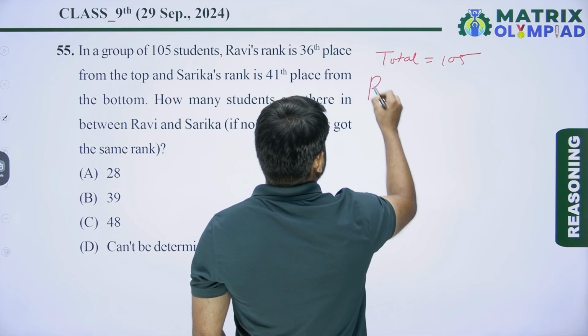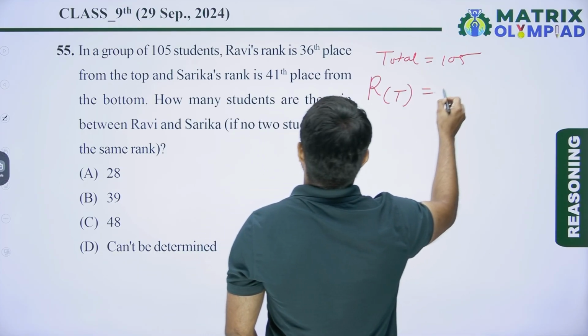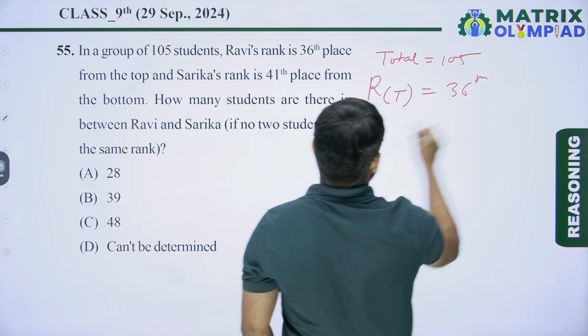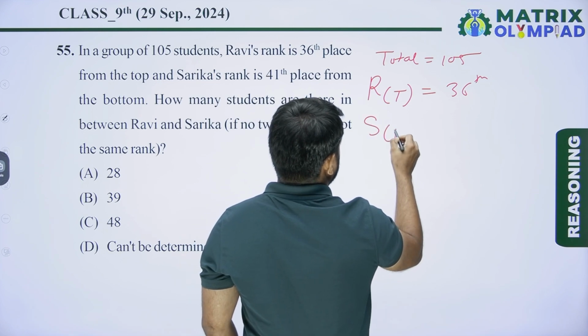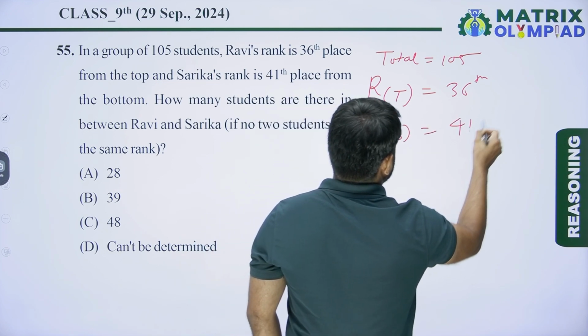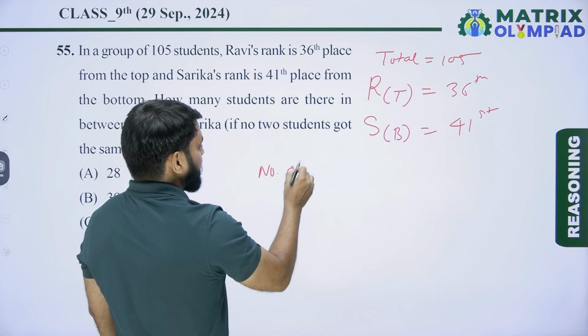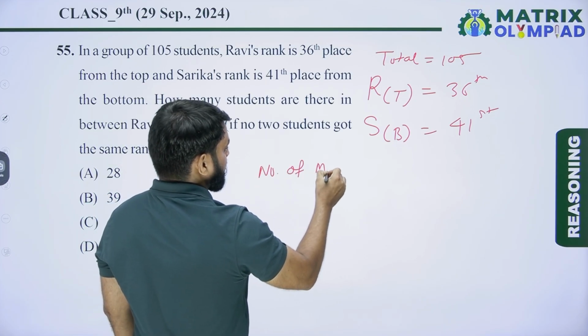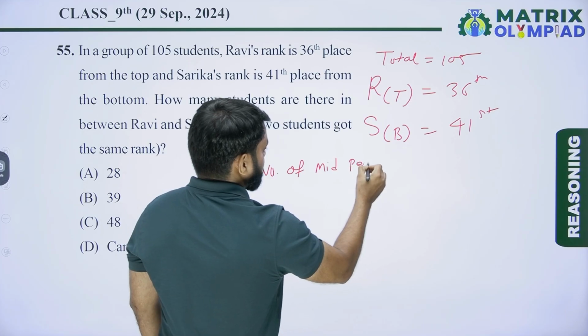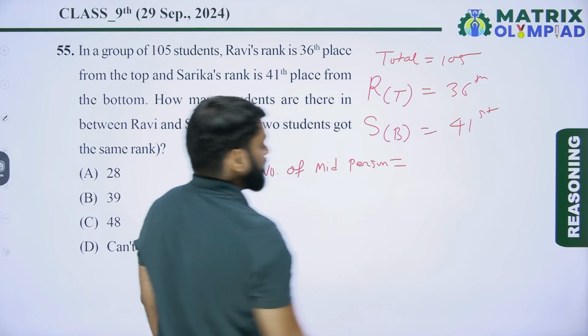Now the rank of Ravi from the top is 36 and the rank of Sarika from the bottom is 41st. Now find the number of middle persons.